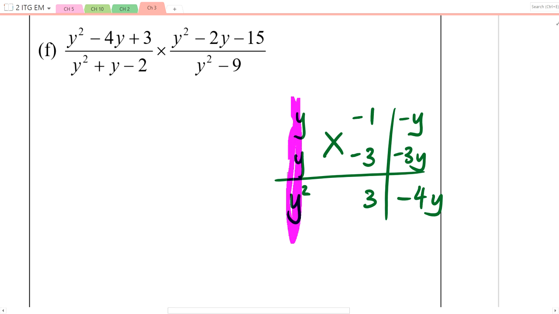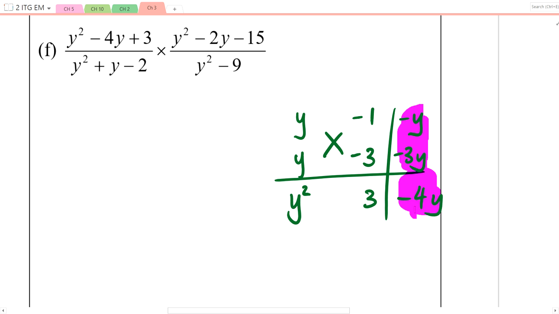Y times y still gives me y squared. Okay, not a problem. Negative 1 times negative 3, I get negative 3. Not a problem. It's still correct. Y times negative 3 gives me negative 3y. Yeah, that's correct. Y times negative 1 gives me negative y. It's still correct. Negative y minus 3y, I get negative 4y.